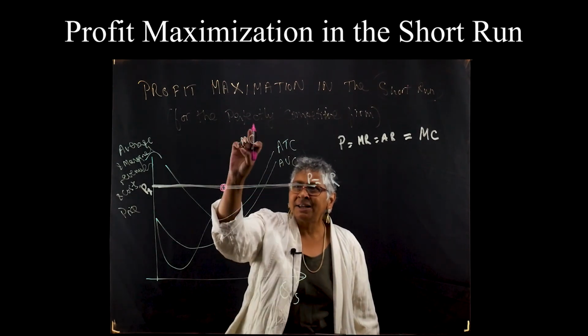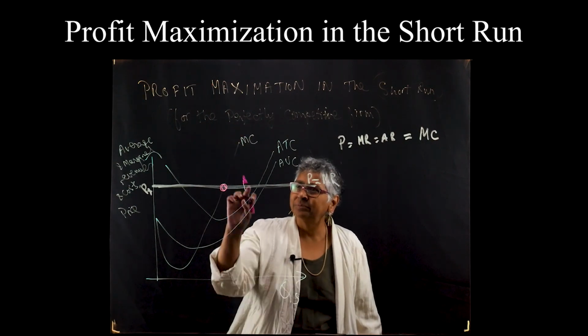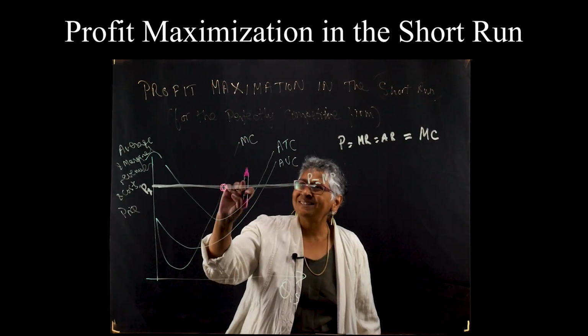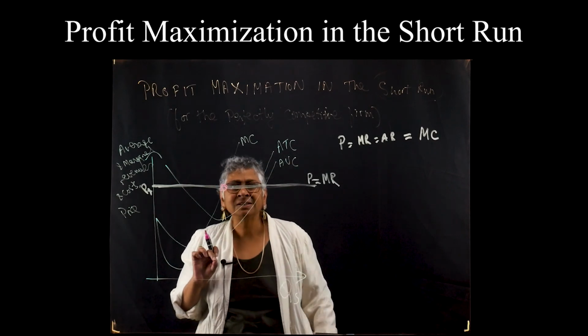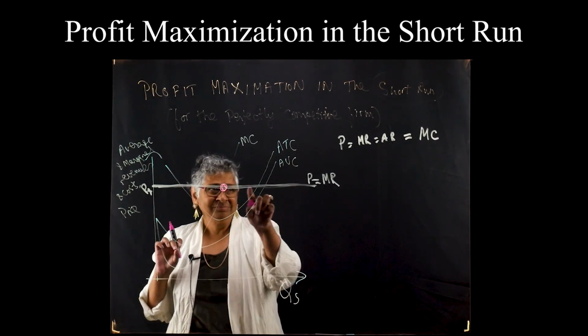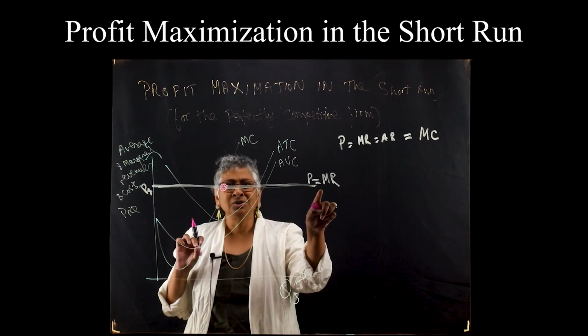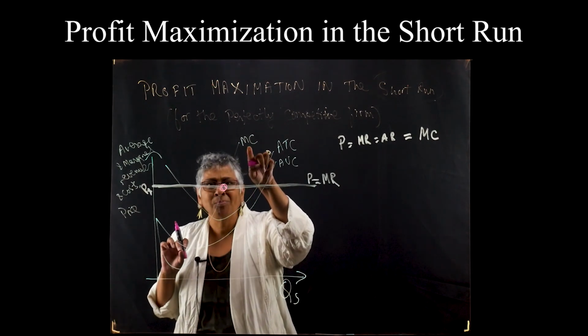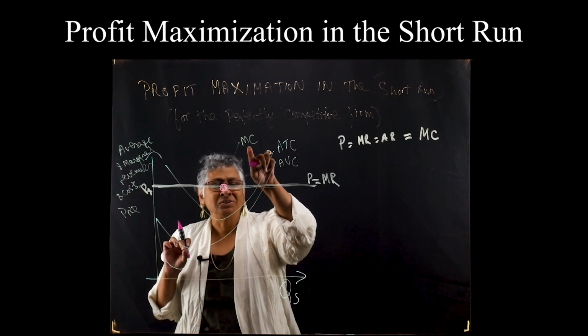If I produce here where price is less than marginal cost, what that means is, sure, I'll get more revenue from producing more, but it's going to cost me more per unit, and it's not worth my while.